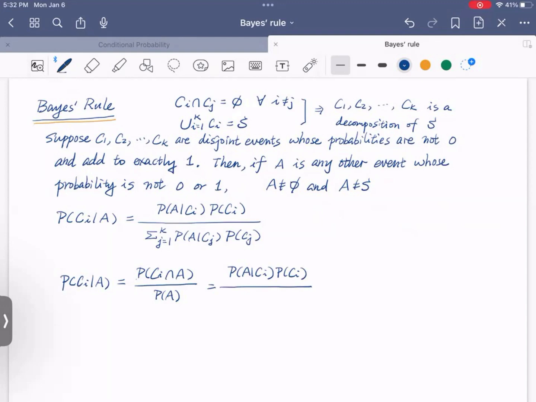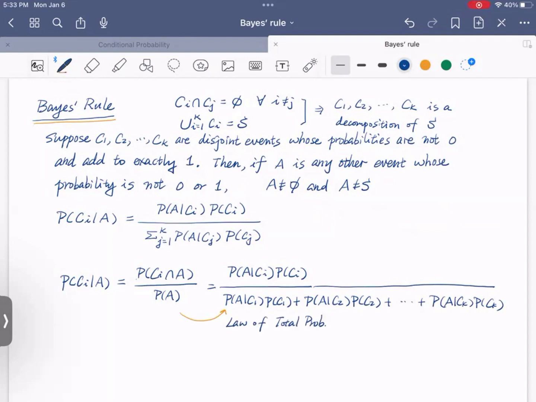And the denominator is P of A, which can be rewritten in this way: P of A given C1 times P of C1, plus P of A given C2 times P of C2, plus all the way to the last event, P of A given Ck times P of Ck. So the denominator actually uses a rule which is called the law of total probability, and the numerator uses a rule which is called the general multiplication rule.